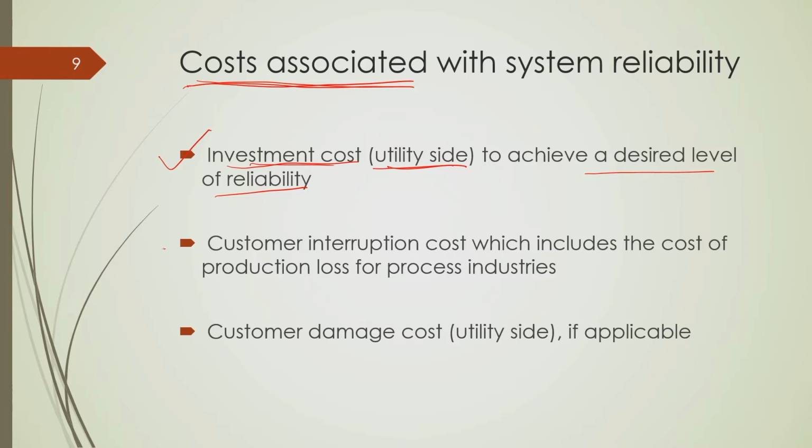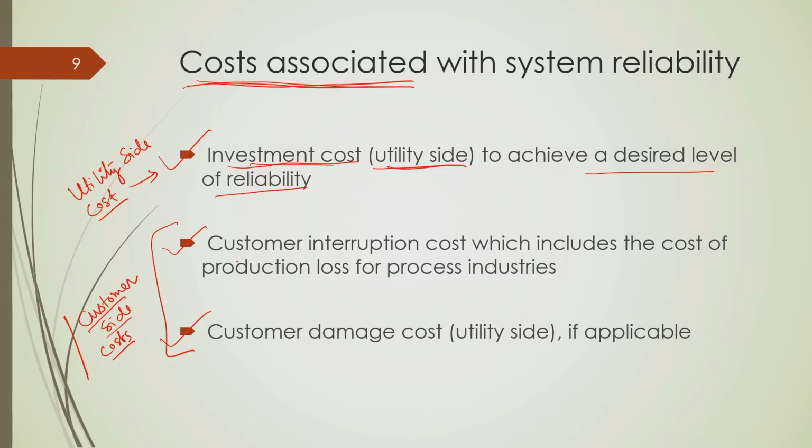Okay. Now, there are another two types of cost which involve the customers. So, these two costs are customer side costs. Now, these costs represent the customer's agony or customer loss due to a certain type of interruption.